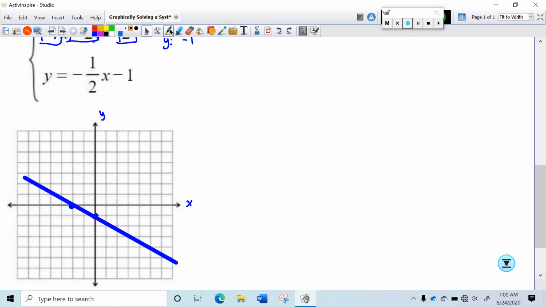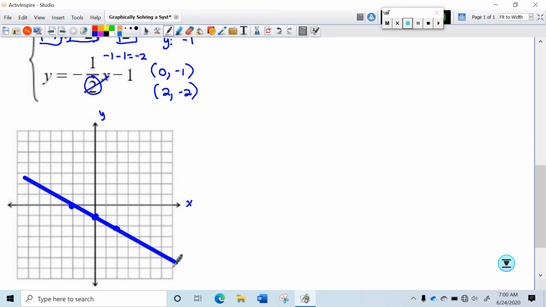Okay, so for the next one, it is in slope-intercept form. So I use 0, and the number that doesn't have a letter stuck to it is negative 1. And then I use the denominator, 2, and that leaves me with negative 1 minus 1. That equals negative 2. So 0, negative 1, right here, and 2, negative 2.